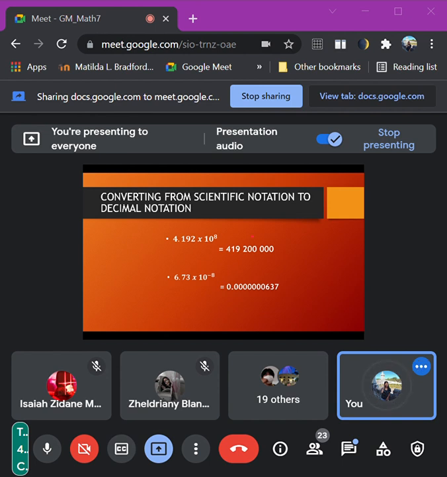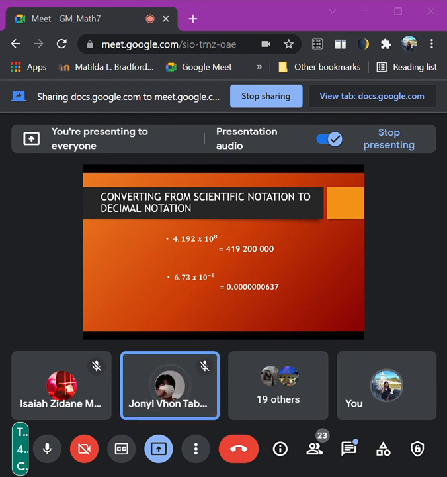Okay, so this is the reverse of our rules earlier. Remember, if we move the decimal point to the right, the exponent in scientific notation is negative. But here, if scientific notation is given and its exponent is positive, we're going to move the decimal point to the right. Understood?